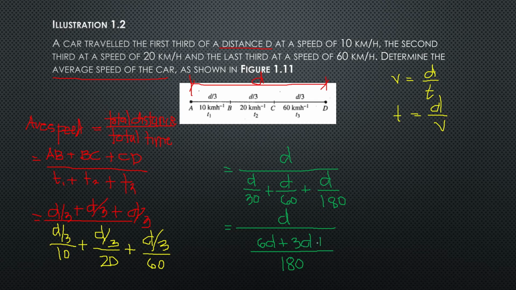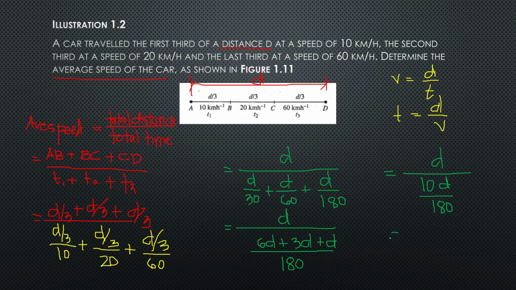Then plus 180 divided by 180 is 1, so that is D. Simplifying again, the numerator is D plus 3D plus 6D, so this becomes 10D all over 180.